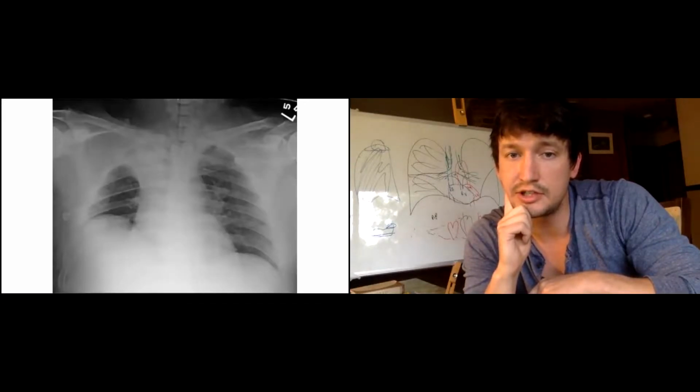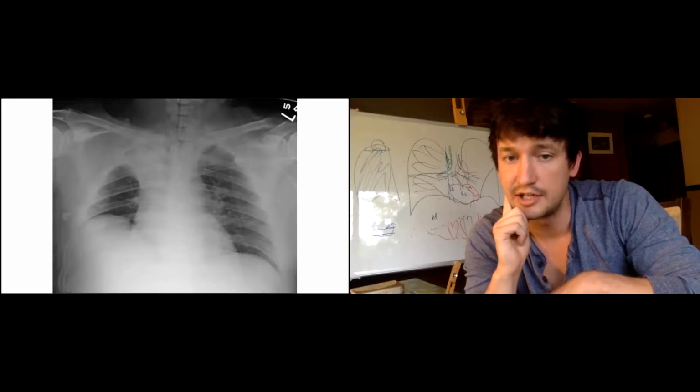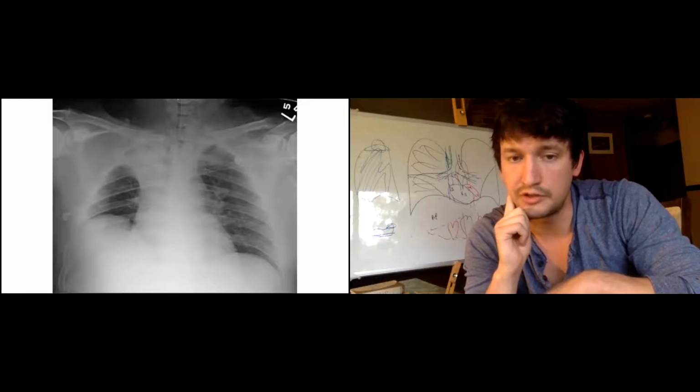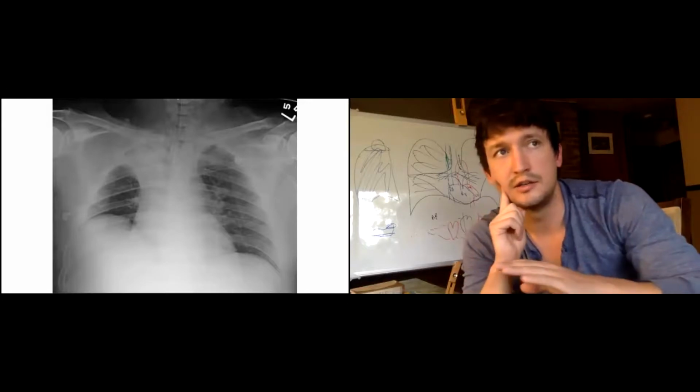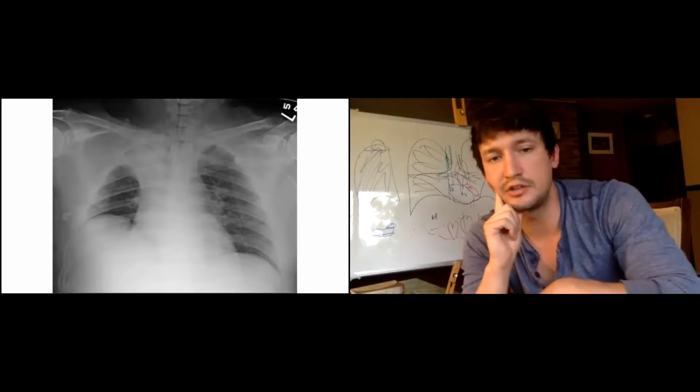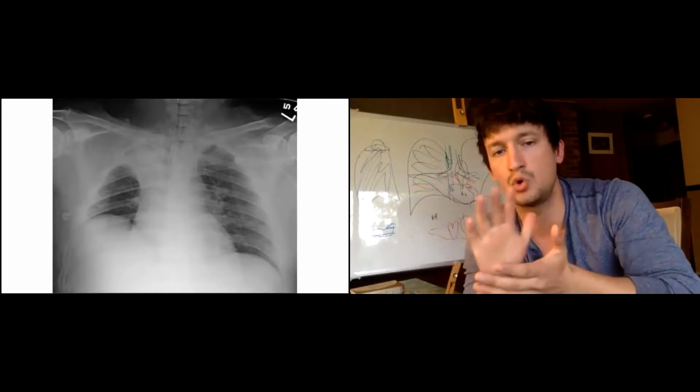This is just your run-of-the-mill right upper lobe atelectasis. Sometimes this can happen if there's a mass, a bronchial mass, that causes collapse of the right upper lobe. So it's important sometimes to rule out malignancy if it doesn't resolve. As we talked about, paying attention to the tides, you can see that everything's kind of pulled in.